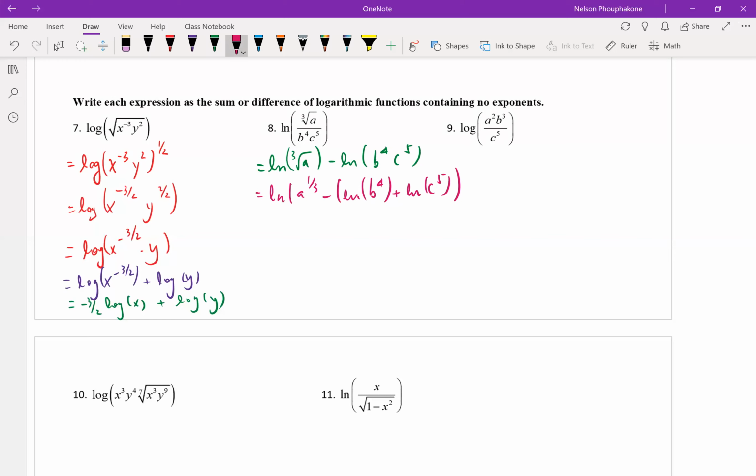Okay, and then maybe let us rewrite this. Then I will have 1/3 natural log of A minus 4 times natural log of B. Now you will see that negative times positive is negative. And we take care of the last term.